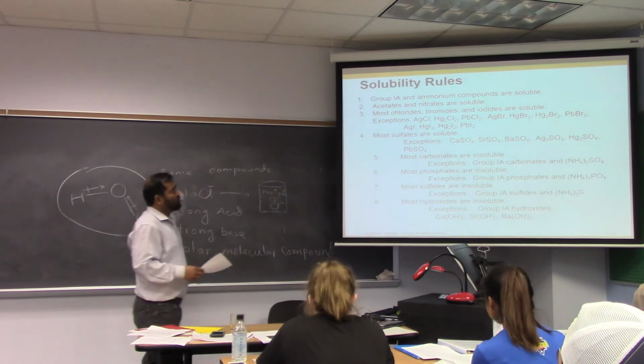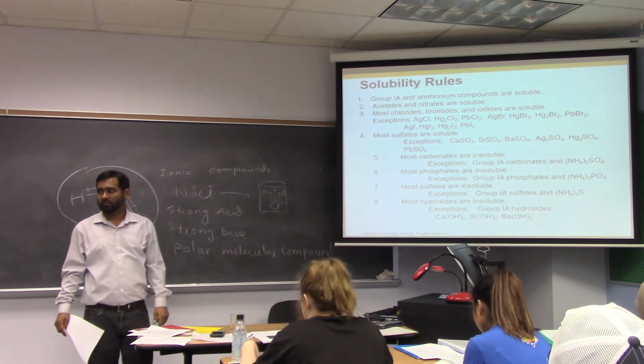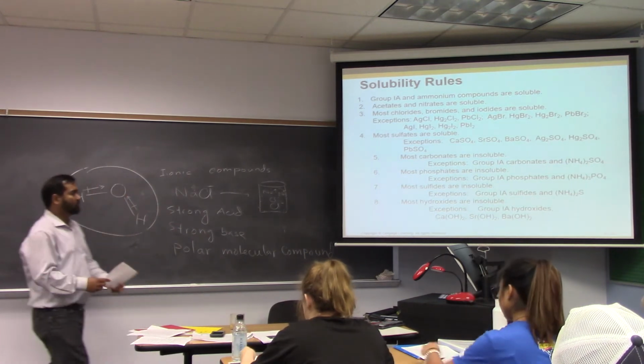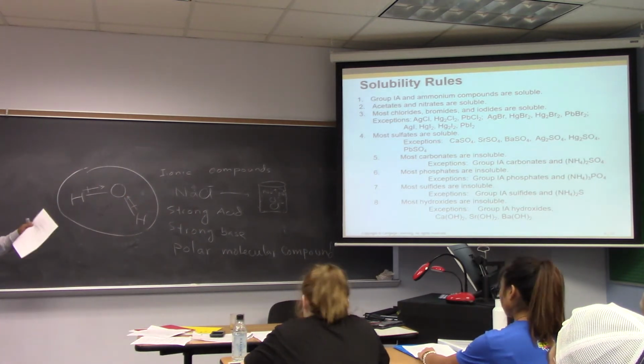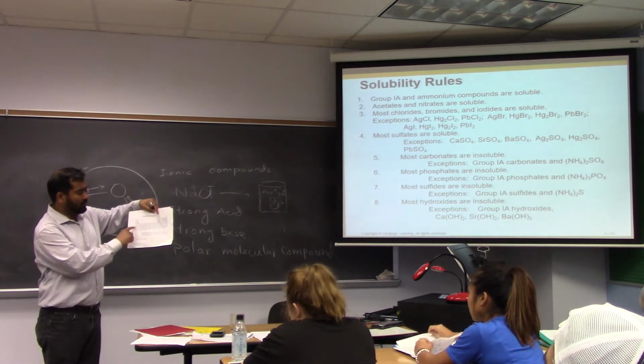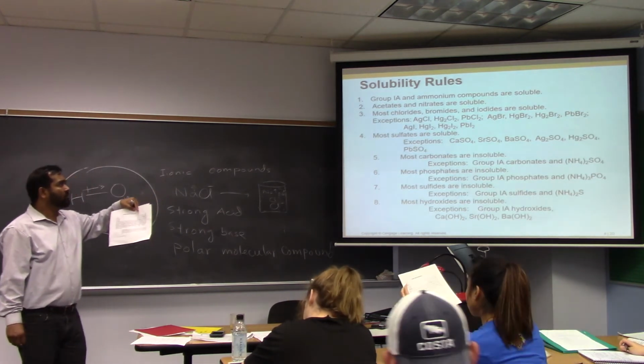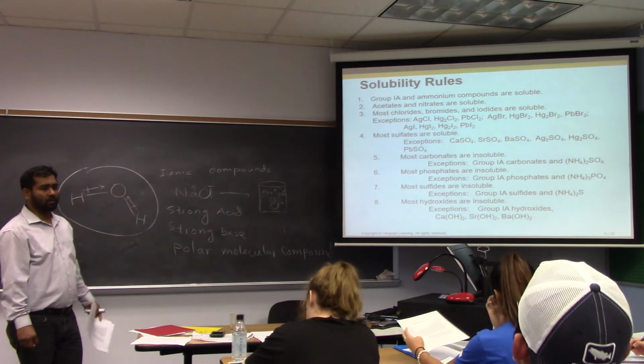First one. Group 1A and ammonium compounds are soluble. So what is group 1A? In the table, 1A, right? Lithium, sodium, potassium, rubidium, right? They are group 1A. Any group 1A compound will be soluble.